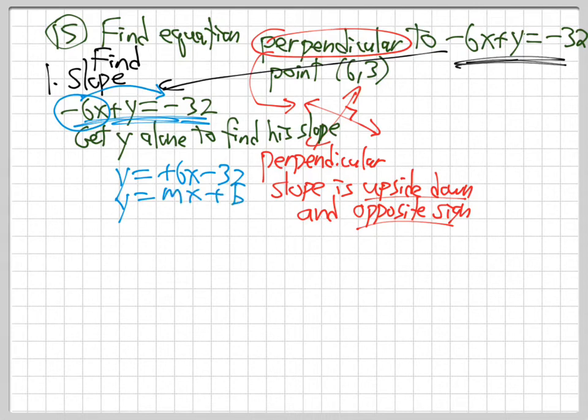So what's the slope? It's that plus 6. Slope of the other line. Again, this is still not my line. I'm still working with the other equation. So I took the other equation, I got y alone, and the slope is plus 6.